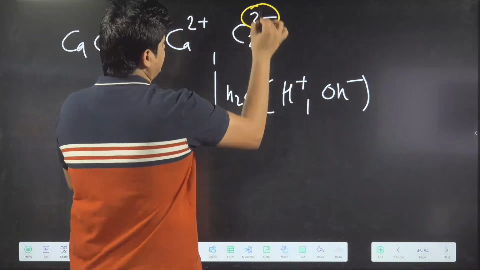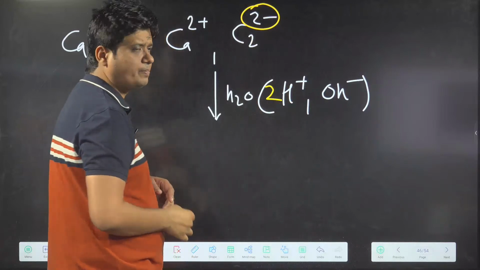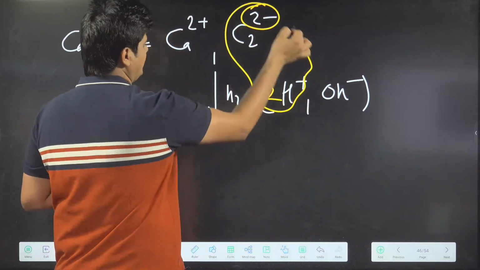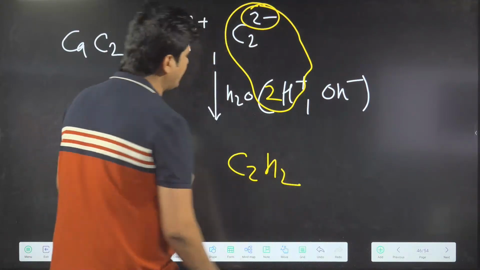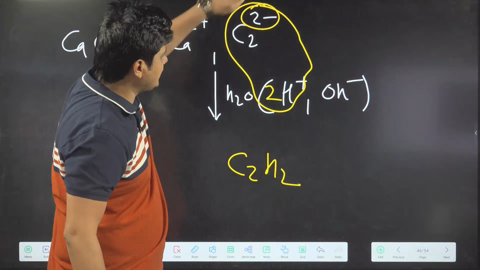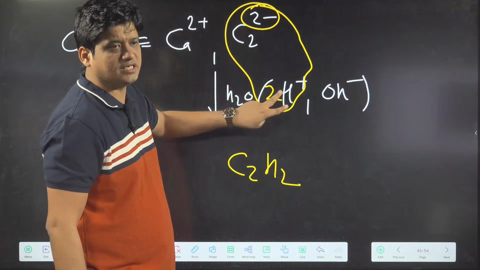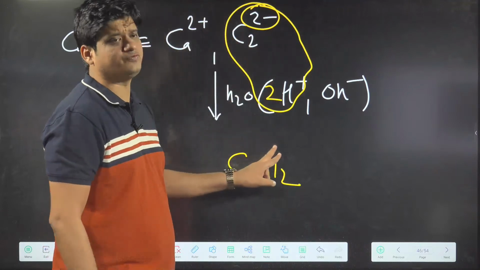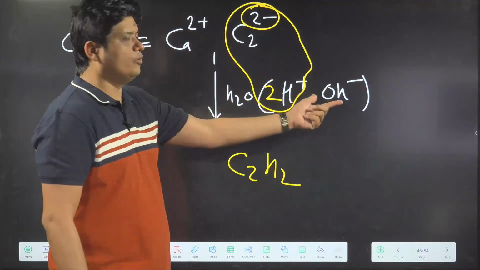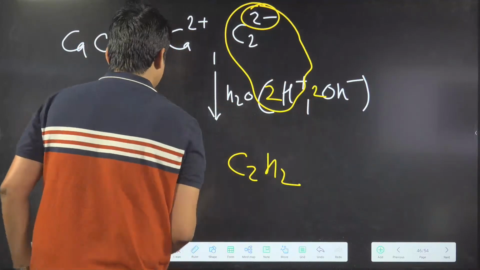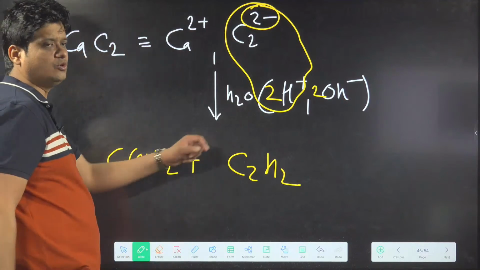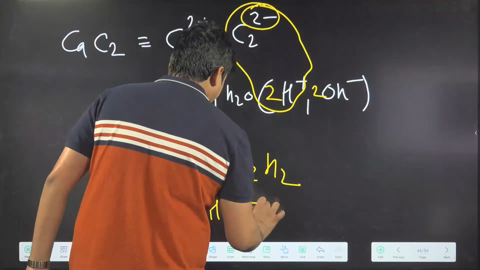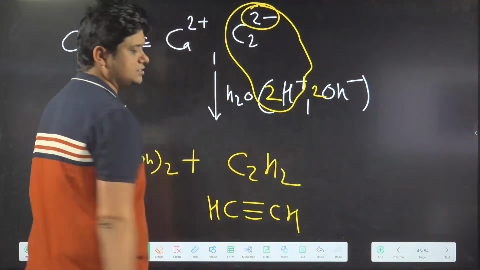C2 has 2 minus, so 2 H plus are required, and plus and minus combine to neutralize the charge. C2H2 is formed. Calcium is plus 2 and OH is minus 1, so 2 OH minus are required. So the products formed are calcium hydroxide and C2H2. C2H2 is what? Acetylene, HC triple bond CH.